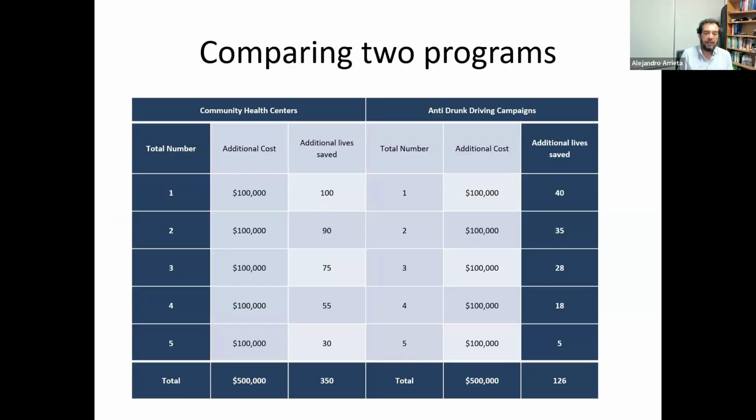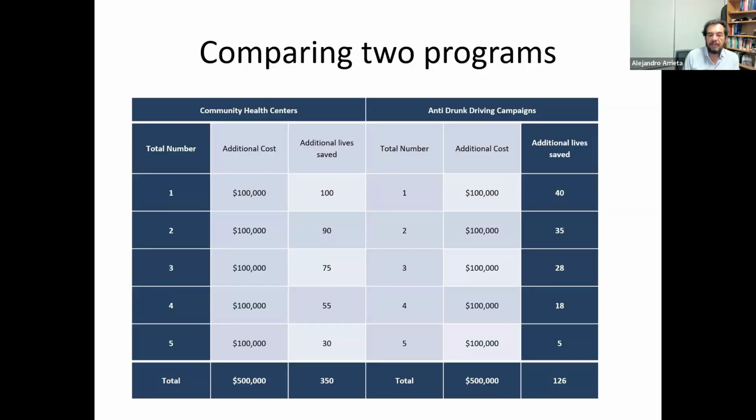One is a community health center program: building community health centers in an area where there are none. Imagine a poor area with no community health centers, and now we start building them. If we build the first one, it costs $100,000, that additional cost.